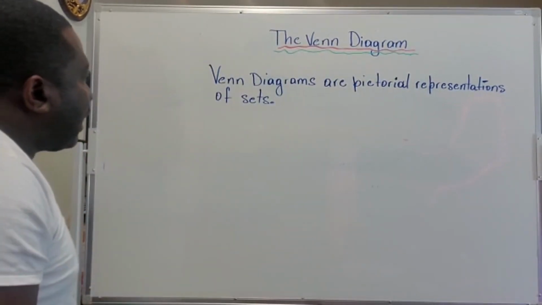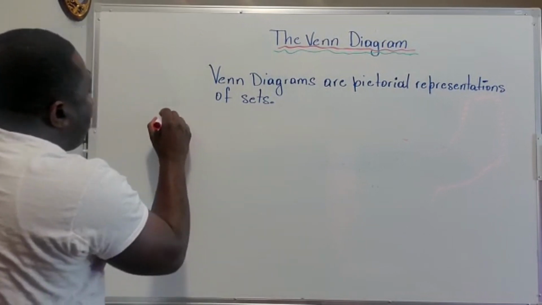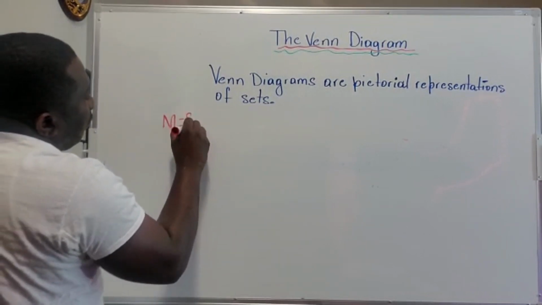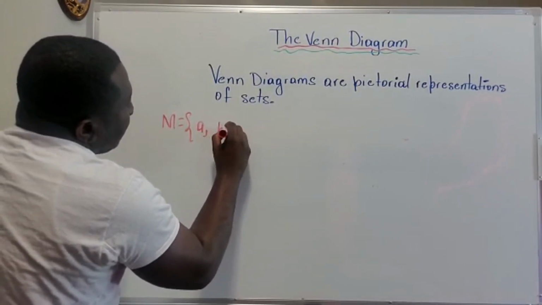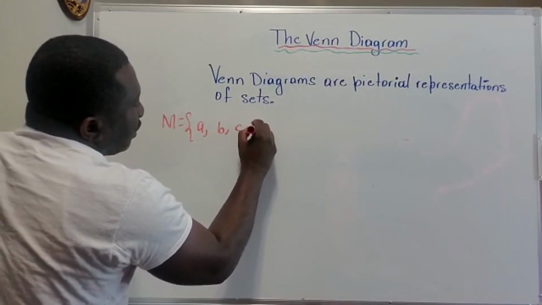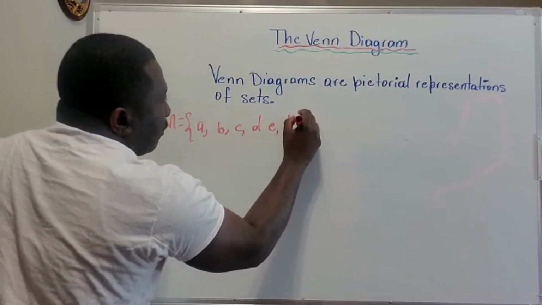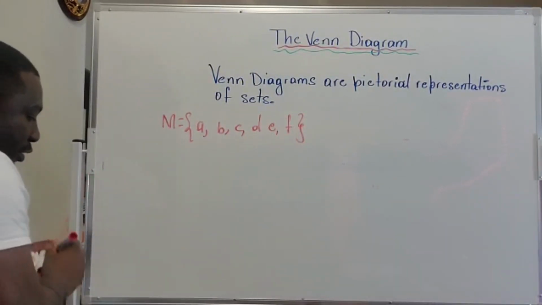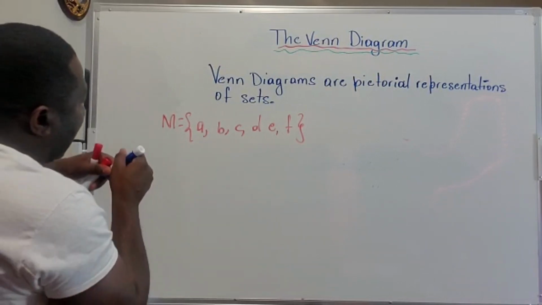So I'm using set, this time I'm using M. The elements in M are A, B, C, D, E, the letter F. Taking another set, they are represented by N.